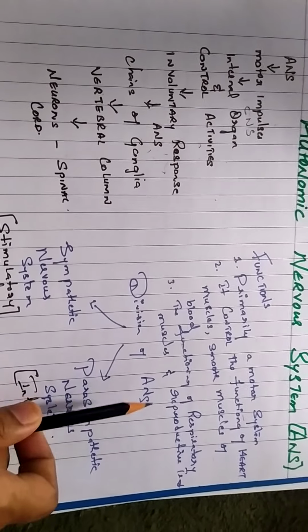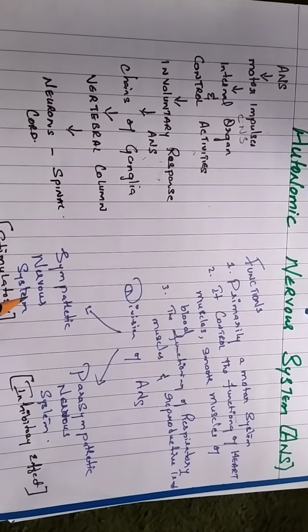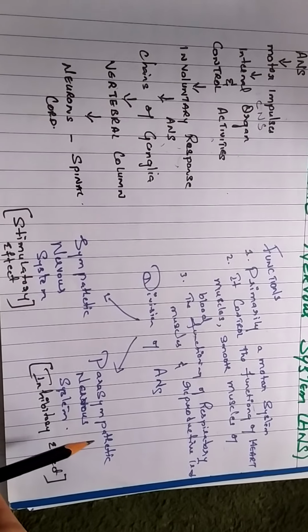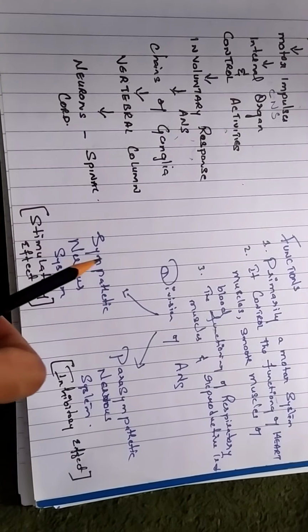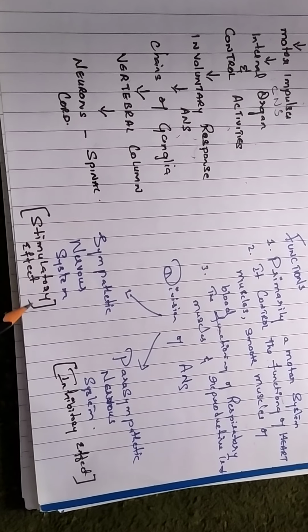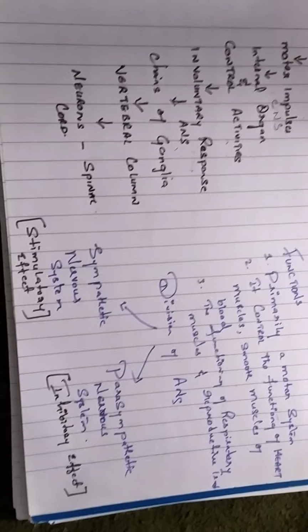The autonomic nervous system is divided into two categories. One is the sympathetic nervous system and the other one is the parasympathetic nervous system, where the sympathetic has a stimulatory effect and the parasympathetic has an inhibitory effect.